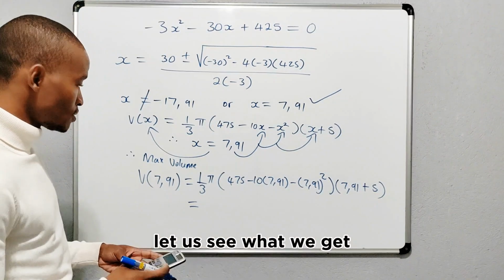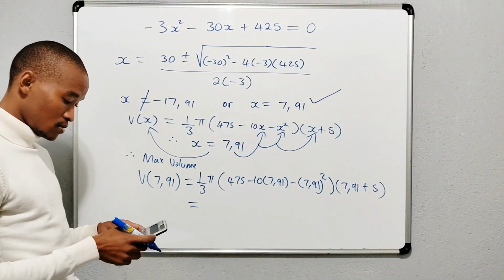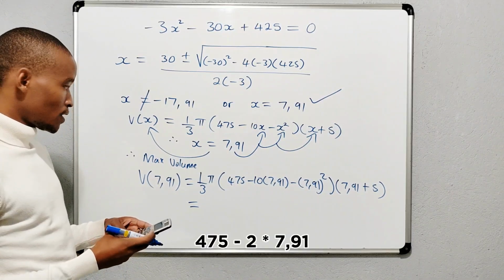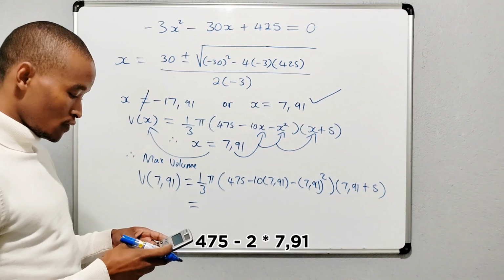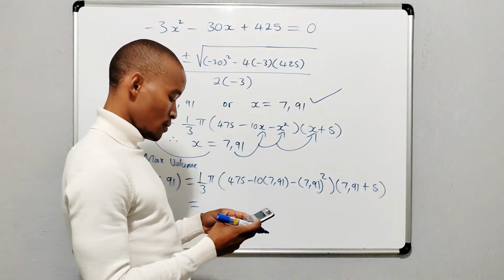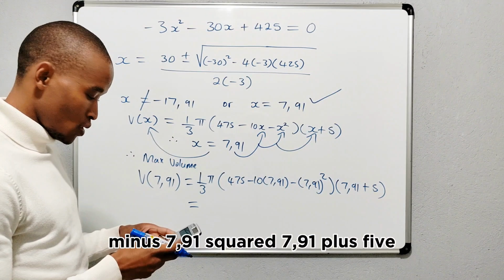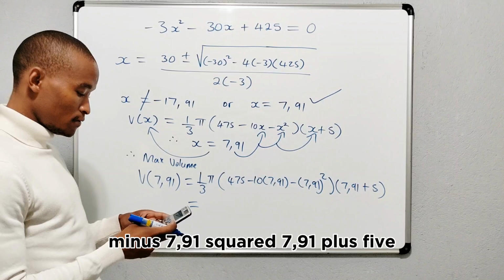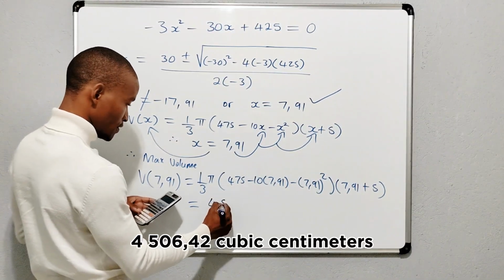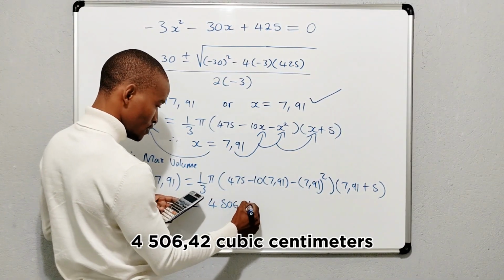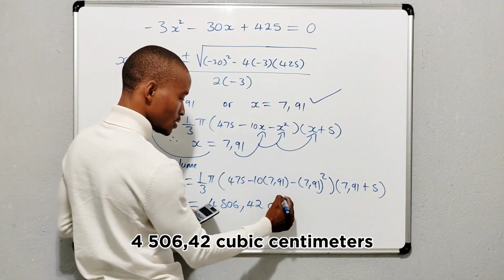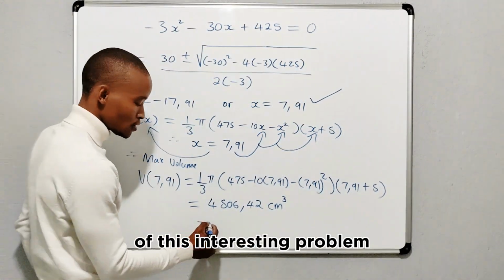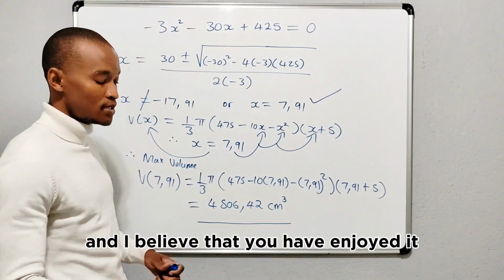Let us see what we get. 4,506.42 cubic centimeters.